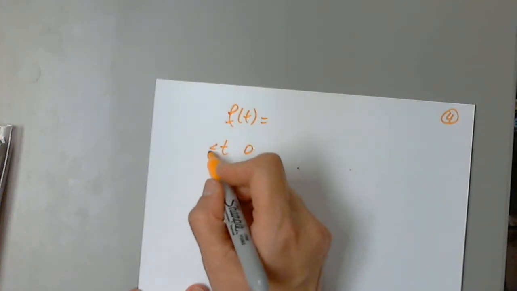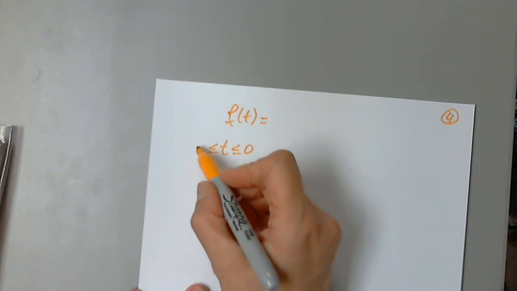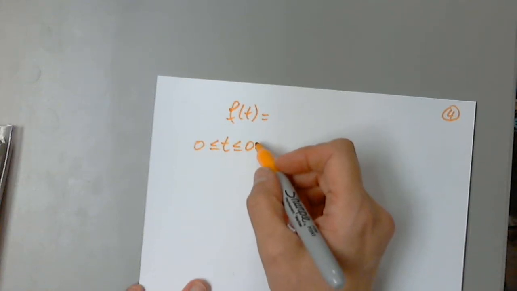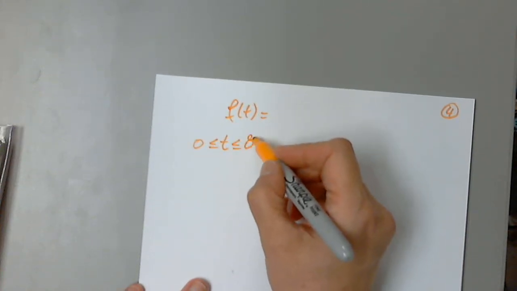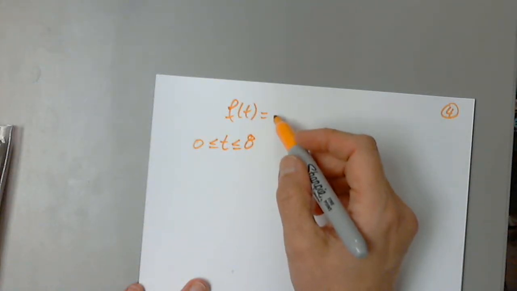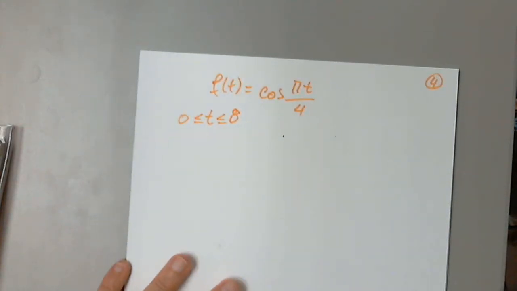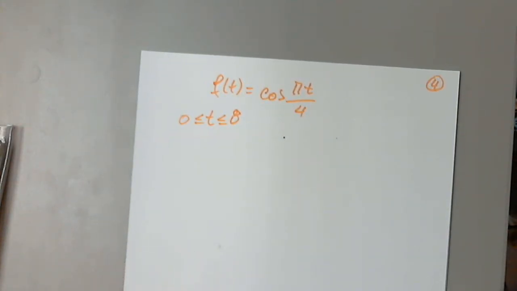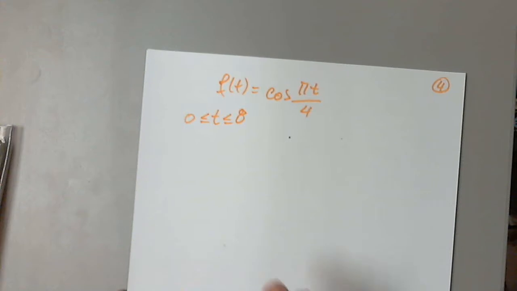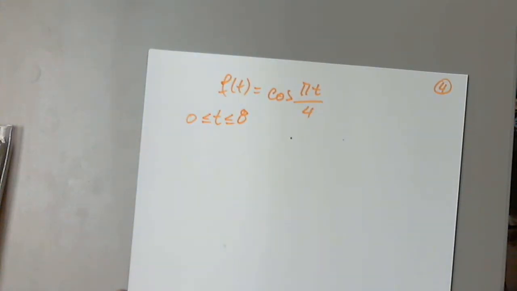So t is between 0 and 8. And the function is f of t equals cosine pi t divided by 4. Perfect. Okay, very good.